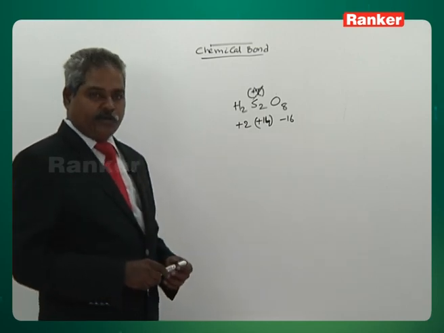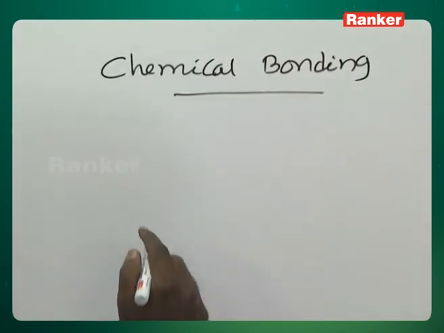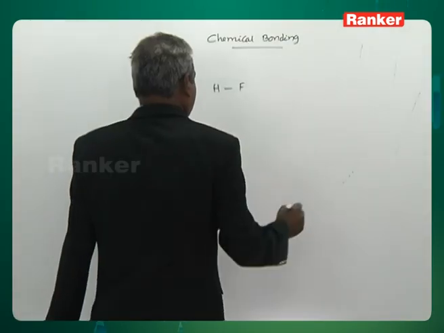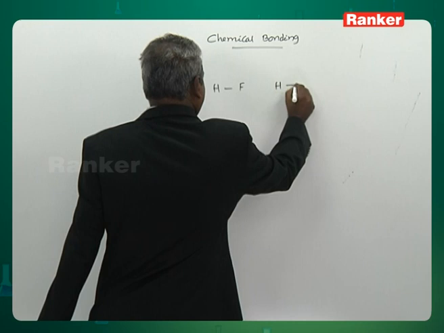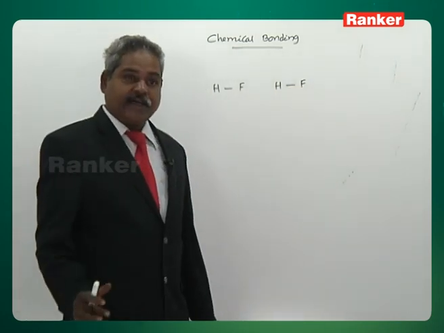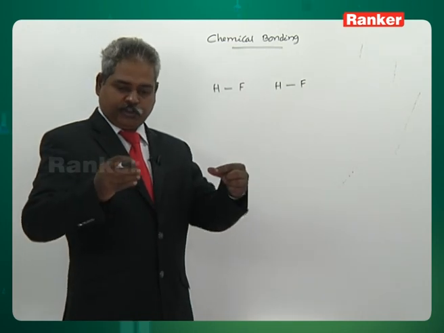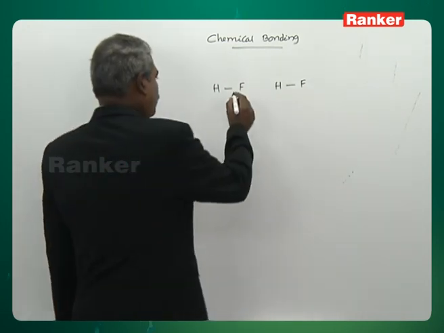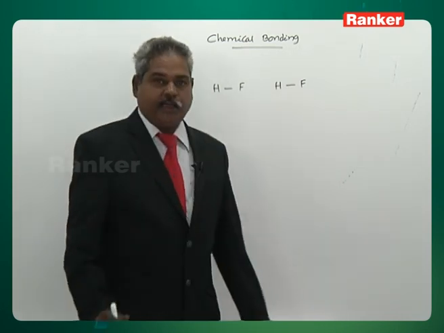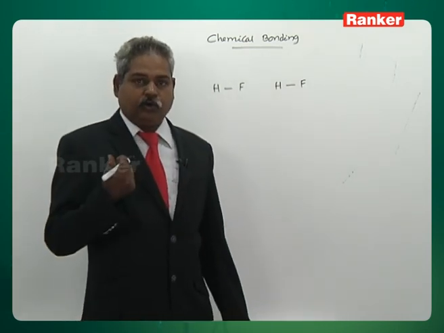We will begin something new. Now, between two molecules of HF, I am talking about molecules, what can exist when two molecules of HF are together? Fluorine is highly electronegative, therefore it always keeps the pair of electrons close towards itself.